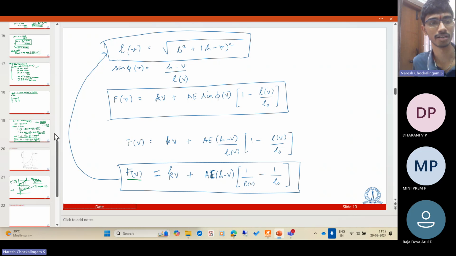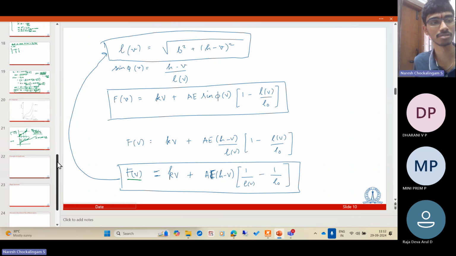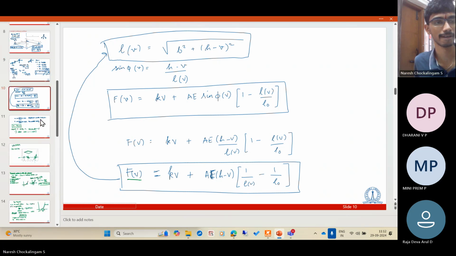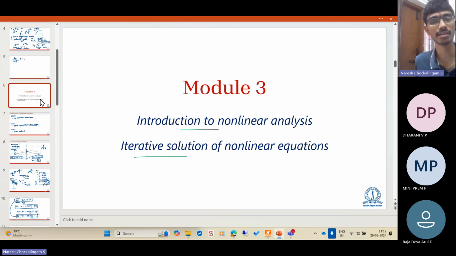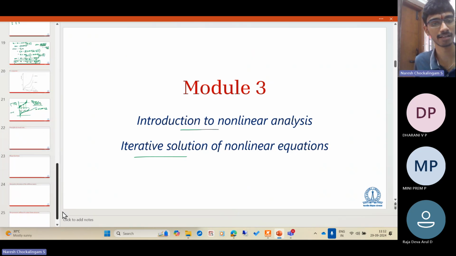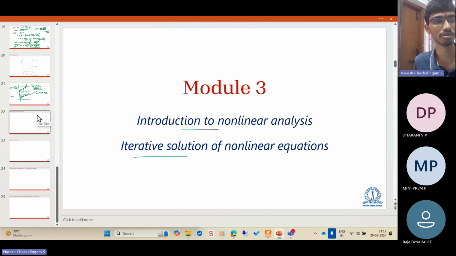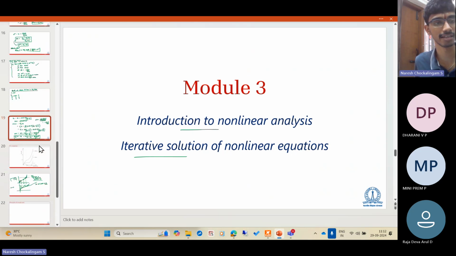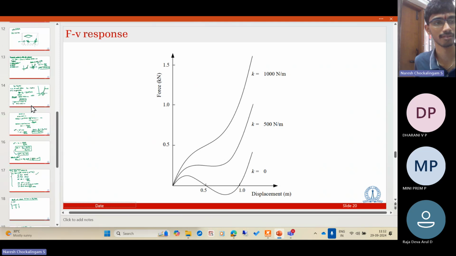I'm not sure how much we can finish, but at least that stability part we have to skip. And we can do nonlinear truss and frames. We have had only 4 hours on nonlinear, and the remaining 10 hours we did on linear, but that's okay. If you're confident with linear, nonlinear should be easy.